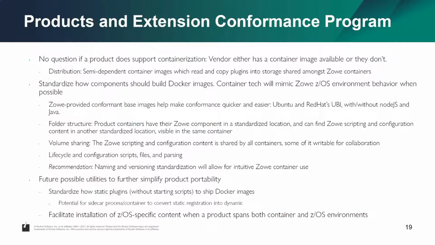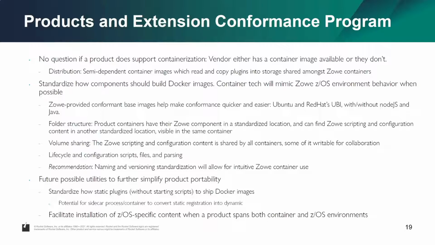Now, it's not just about a conformance program of saying what you can and can't do. Farther down the road, we're also going to be utilizing these standards to make it easy to provide the vendors and extenders with scripting that will make it easier to make containers and to make the containers easy to set up and use.